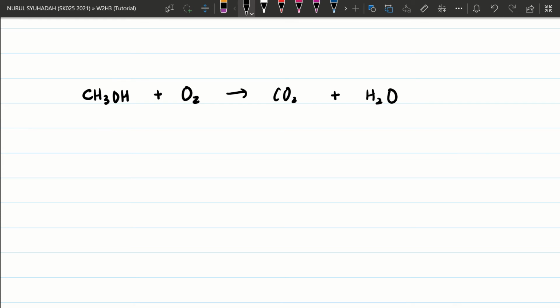Please make sure that for chapter 2, all your reactions have phases. So CH3OH is liquid, O2 is gas, carbon dioxide is also gas, and H2O here is liquid. If you balance this equation normally, you will get 2CH3OH plus 3O2 to produce 2 carbon dioxide with 4 H2O.